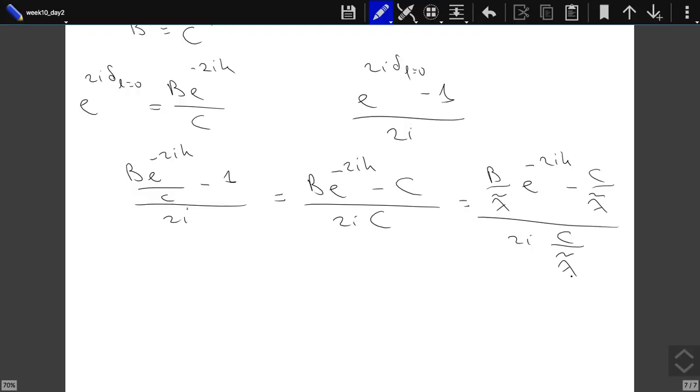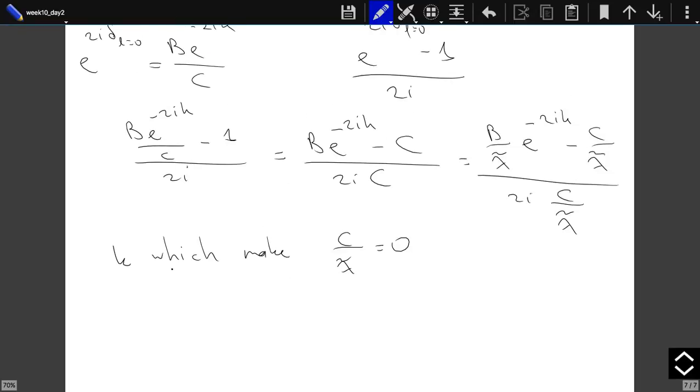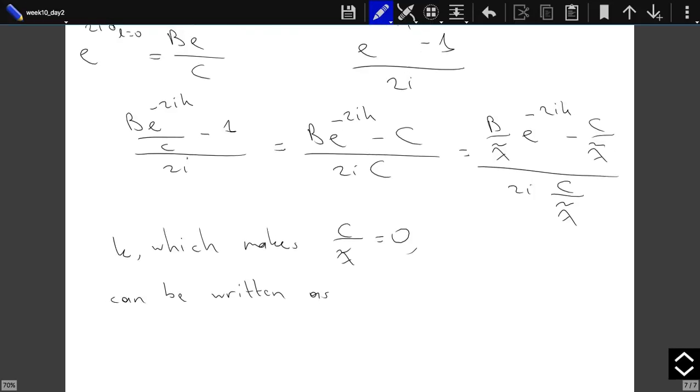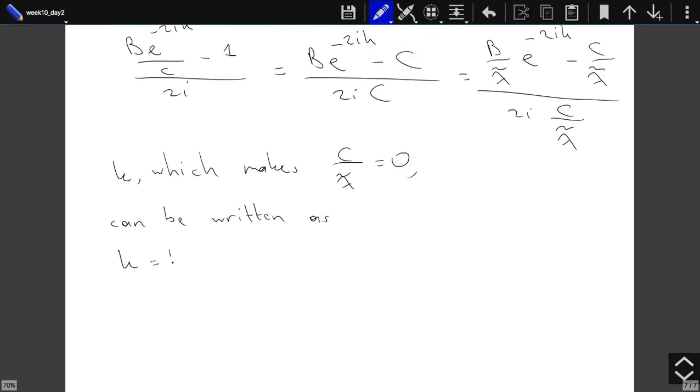So let's say that k, which makes c over lambda tilde equal to 0, can be written as, in a sense, I'm making a perturbative expansion, but this time my perturbation parameter will be 1 over lambda tilde, not lambda tilde. k is equal to k0 plus k1 over lambda tilde.